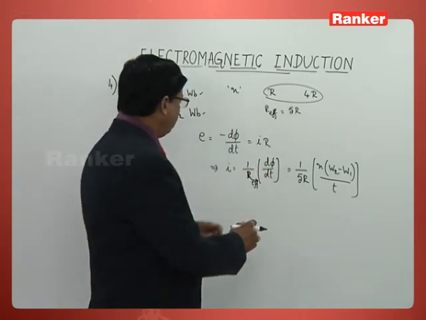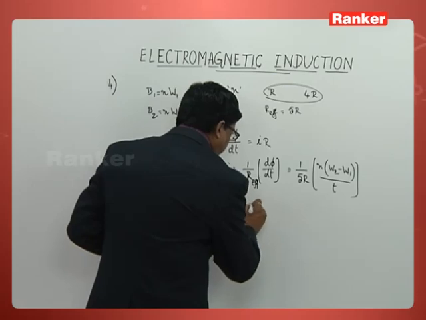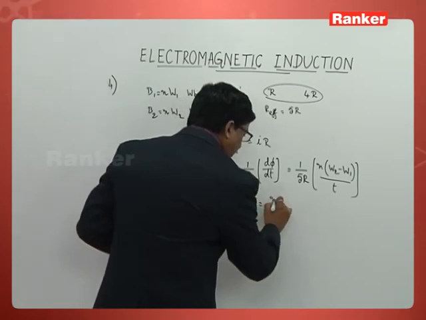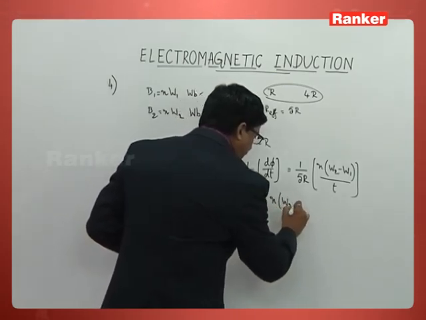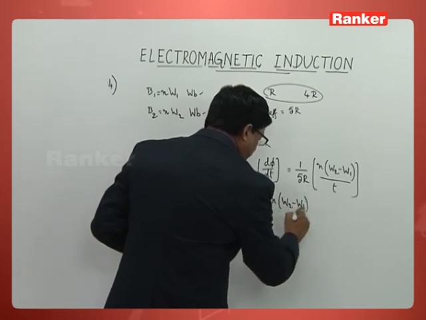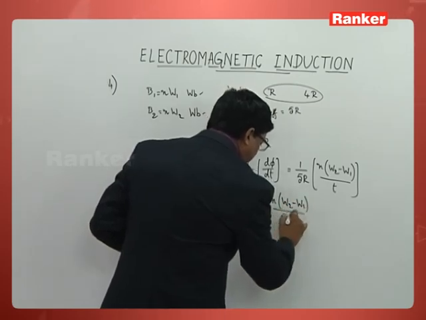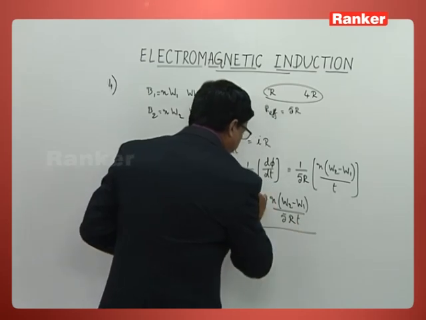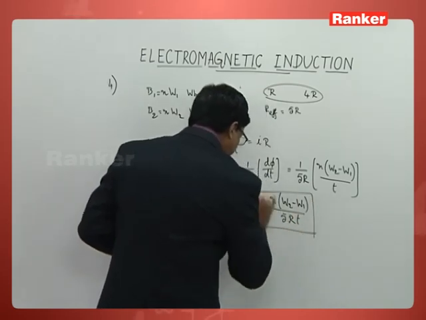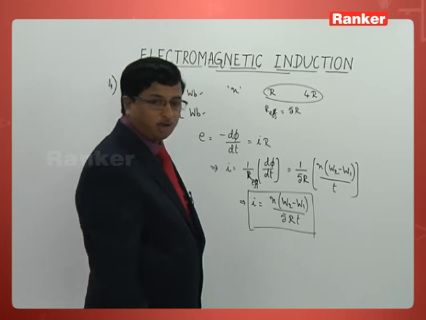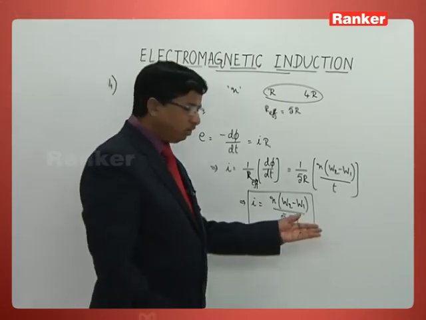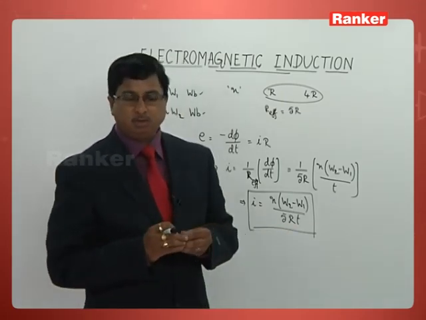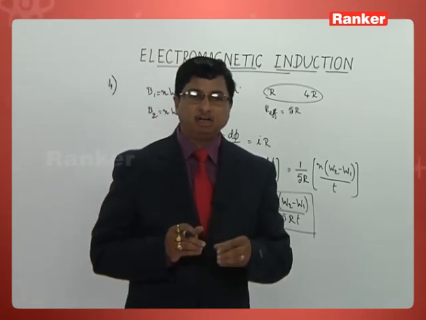This implies the current I becomes N times W2 minus W1 by 5RT. This is the correct version. Out of the 4 options given, look at the first option first. It is W2 minus W1 by 5R into N into T.